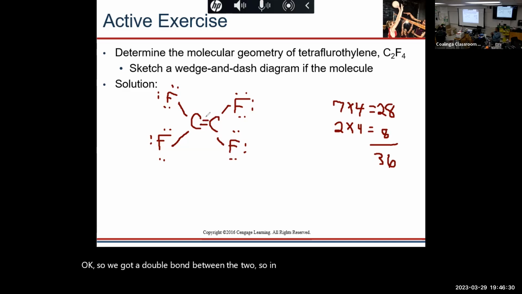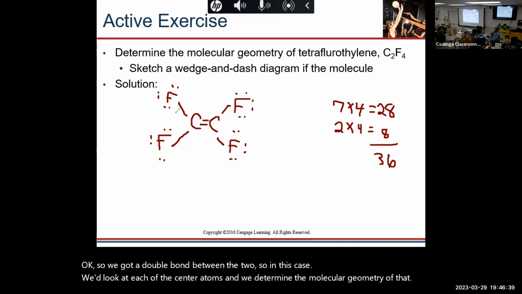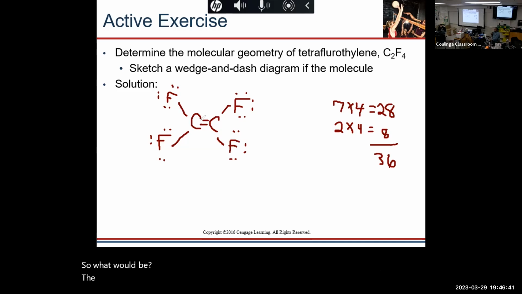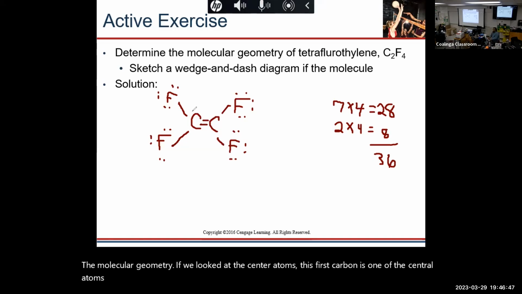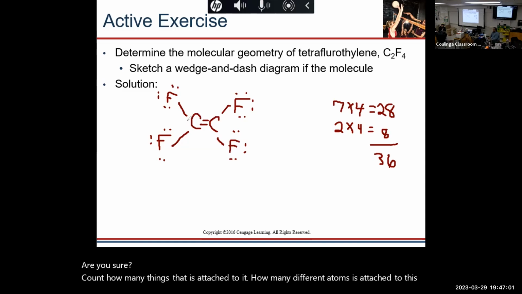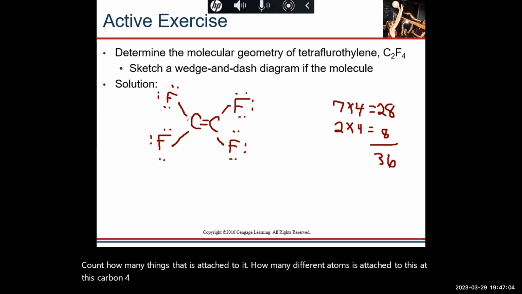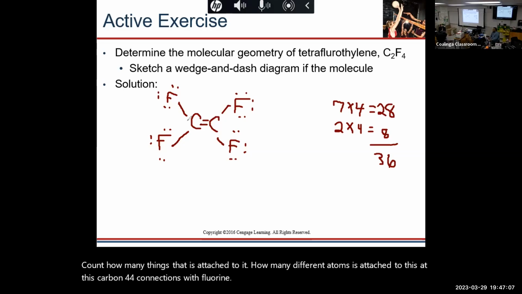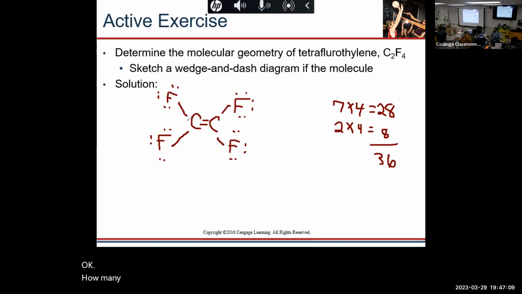So in this case, we look at each of the center atoms and we determine the molecular geometry of that. If we looked at this first carbon as one of the center atoms, how many different atoms are attached to this carbon?